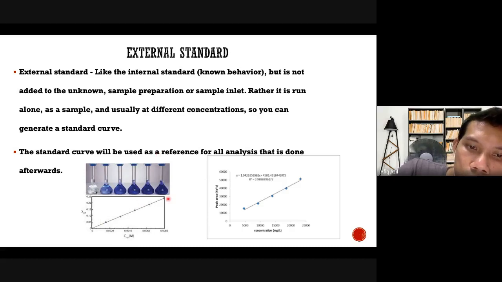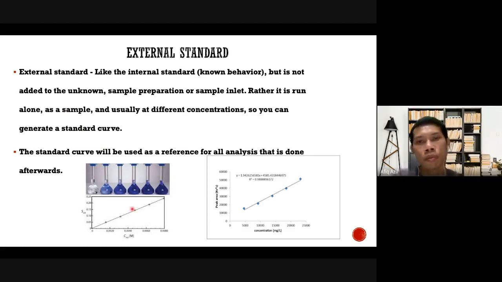Actually, it is not a curve. You must get a straight line, but this is just the name. It is called a standard curve or a linearity test, in which you want to get a linear plot. The standard curve will be used as a reference for all analysis done afterward.